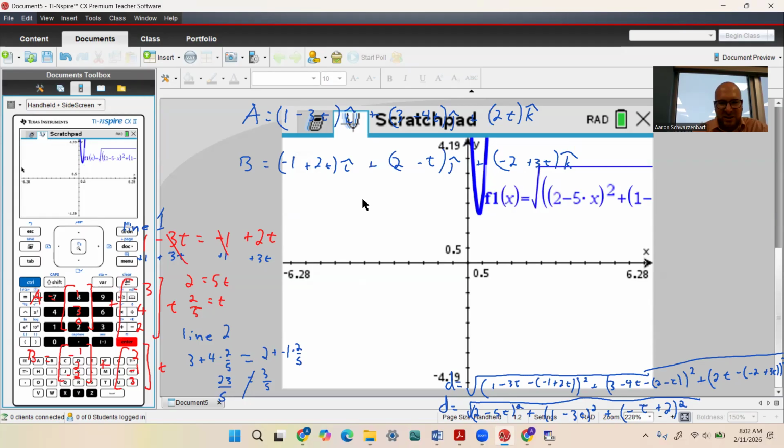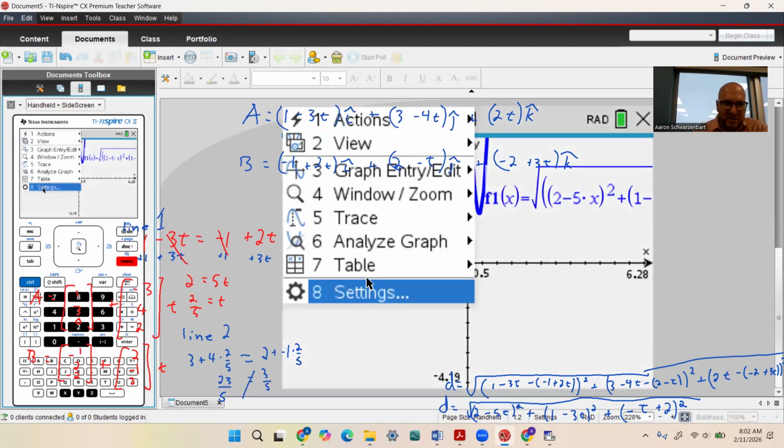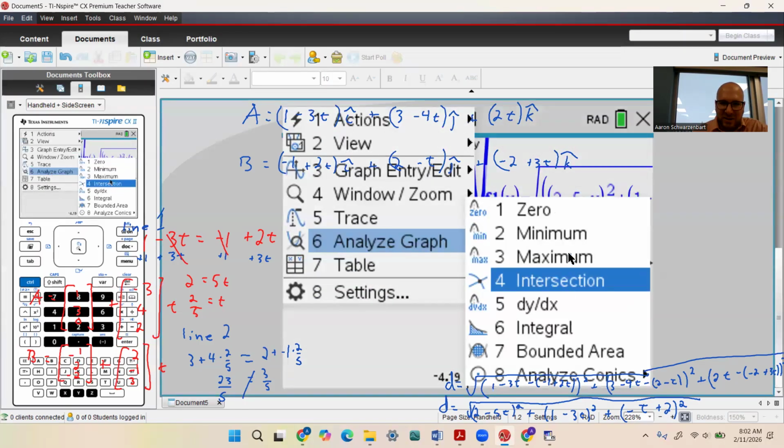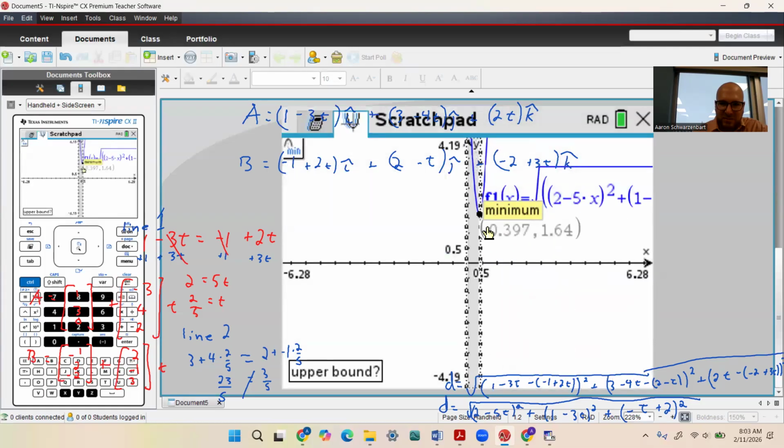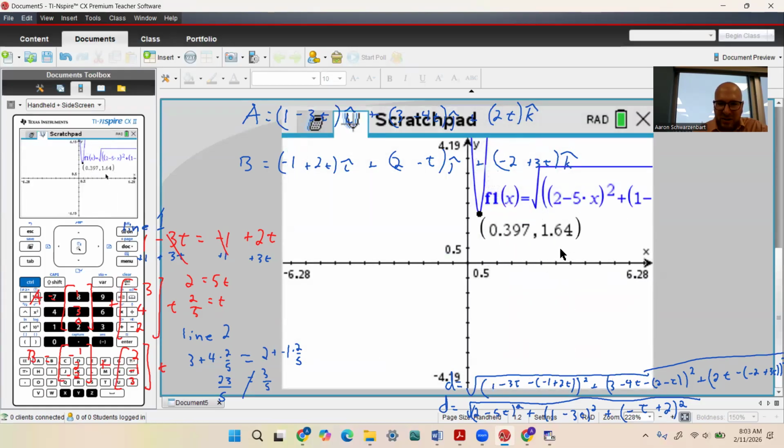And I get a graph that looks like that. I analyze the graph to find the minimum, and I get 0.397, 1.64. So I'm interested in the x, so 0.397. So t is 0.397 is when they will be closest.